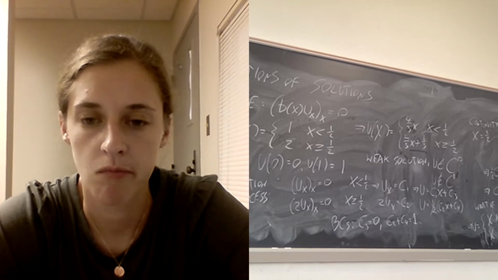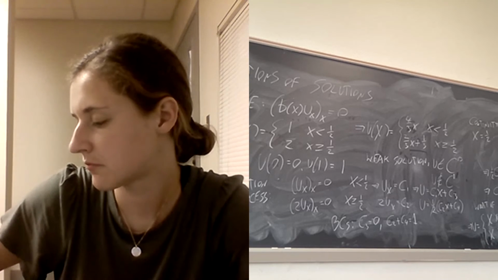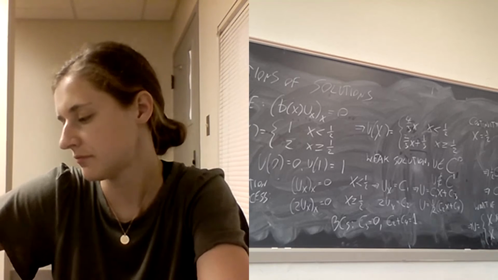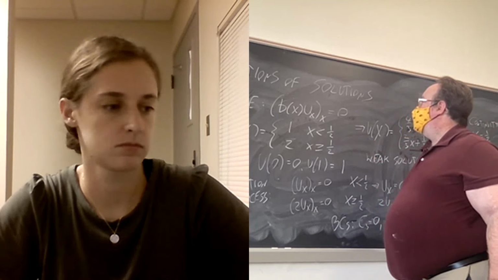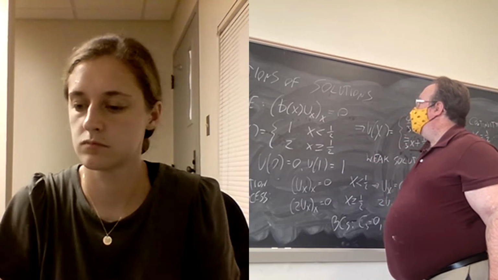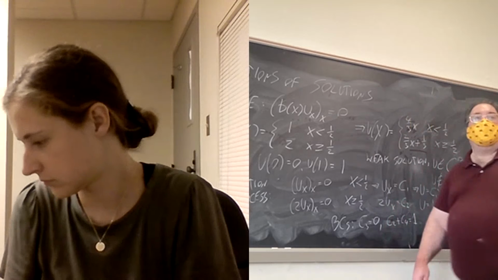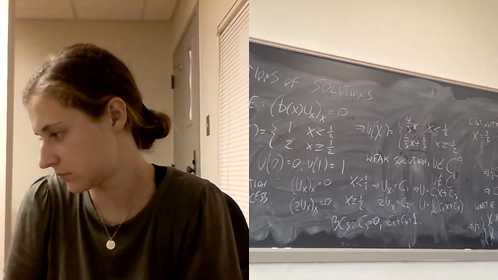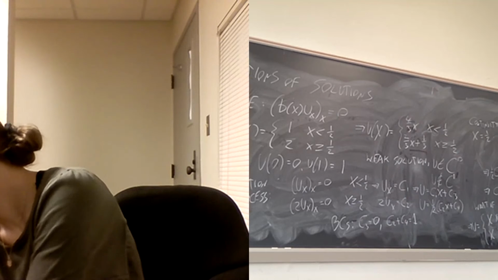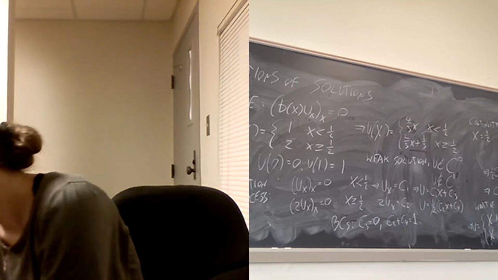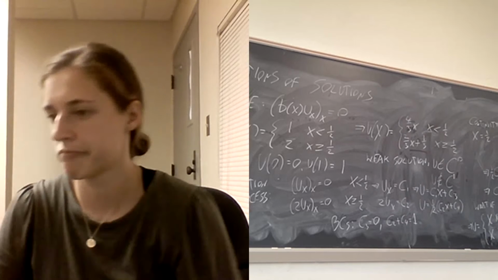A continuous solution of all orders does exist because I could just set u of x equal to x. But even if this was a solution, it would still be a weak solution, right? Because we need u to be in C2. Well, but then the solution is always equal to x.